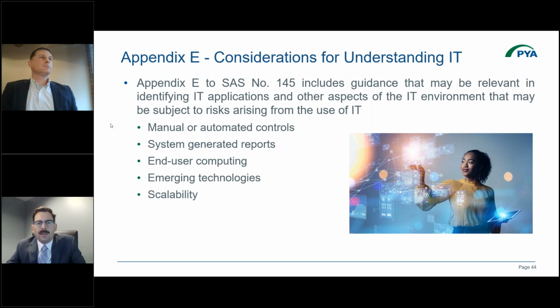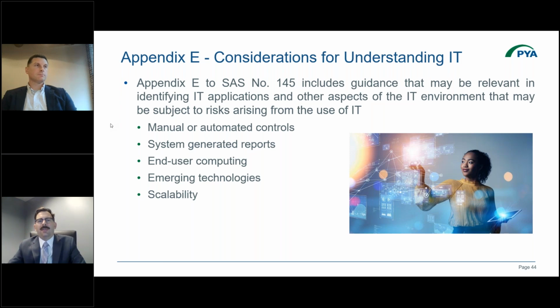Appendix E, just want to wrap a few more things, also provides examples of specific situations that would indicate an IT application is subject to high risk. Going all the way back to our definitions a few slides ago, these high risk applications are where you're going to have the high risk from using IT and then have to do the walkthroughs and the additional work there.